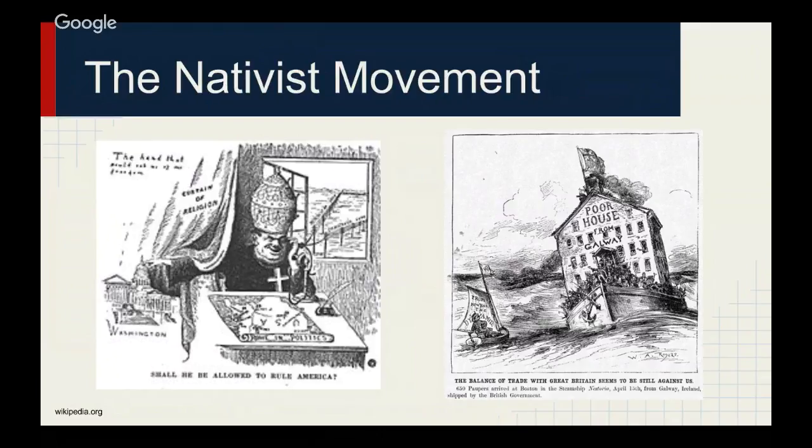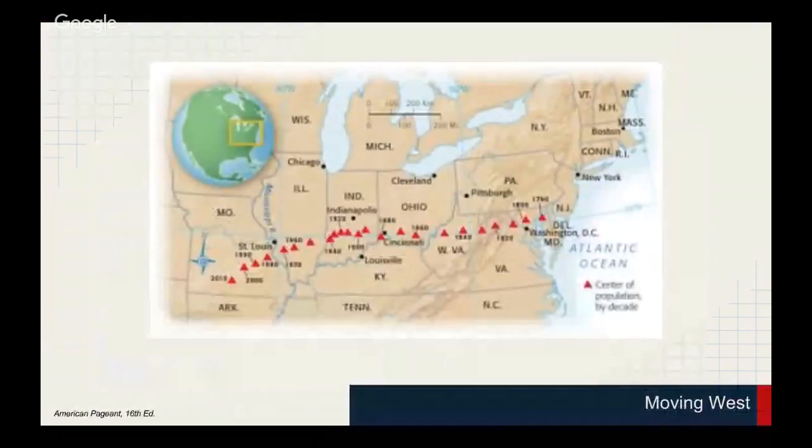in American history. Now, as these individuals were coming into the United States and as other Americans were moving westward, the center of the nation's population also moved west. And you can see here by studying this map that this movement has continued.